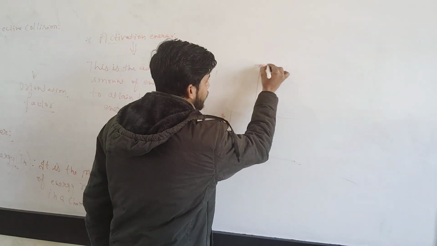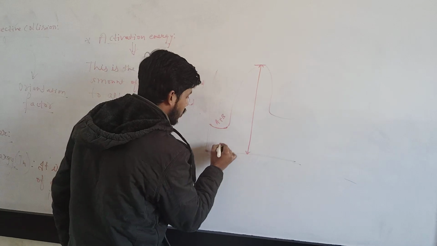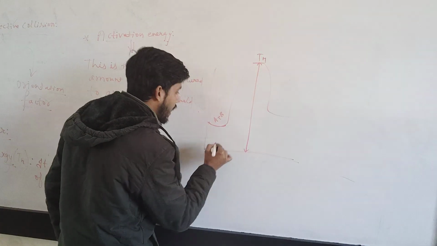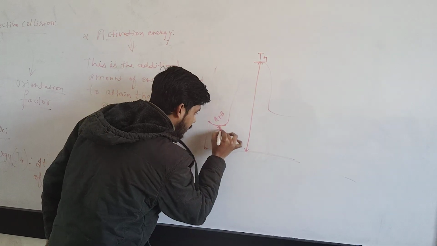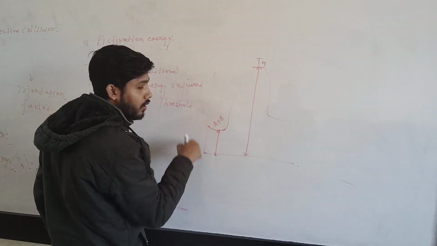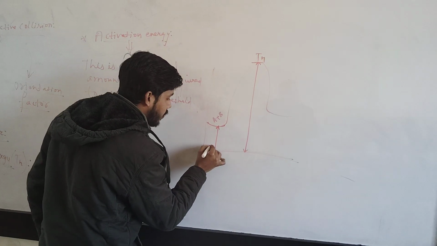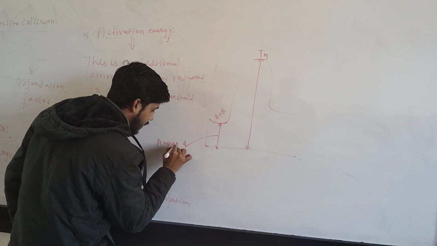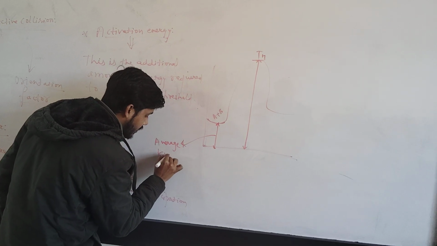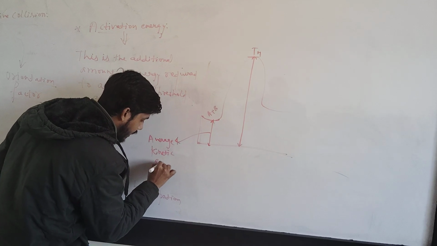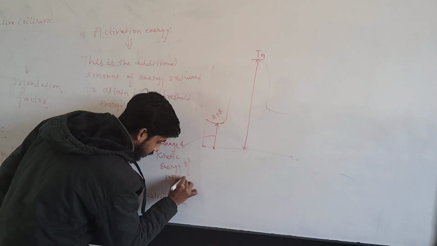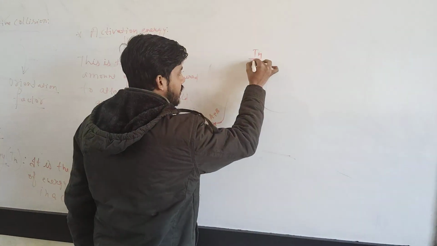And this energy that the molecules initially possess is the average kinetic energy of molecules, and this is the threshold energy.